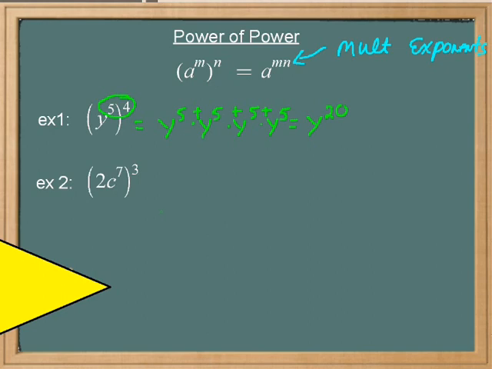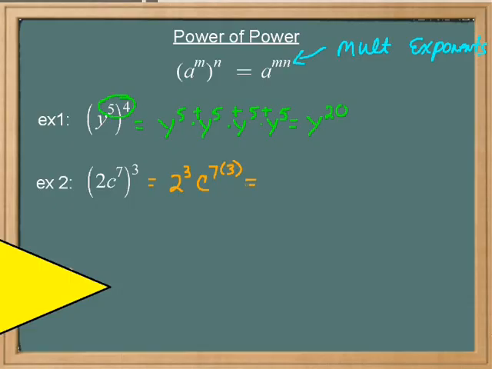Example 2, we have 2c to the 7th powered out 3 times. What's the conflict here? You've got a number mixed with variables. So this is what's going to happen. We're going to take that 2 and power it out 3 times, and we're also going to take that c and power that out. I'm sorry, I said 2 times, but 3 times. So 2 to the 3rd and c to the 7 to the 3rd.